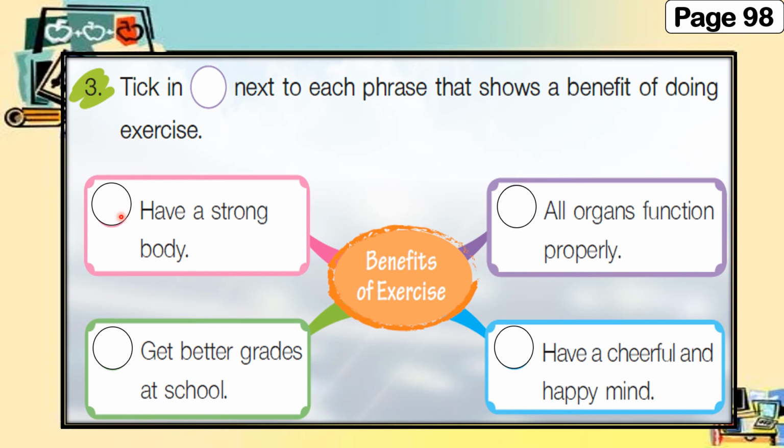So in the first circle here, have a strong body. So when you do exercise, do you have a strong body? Yes, of course, right? Because it can give you strength or energy. So you put a check on the first circle.